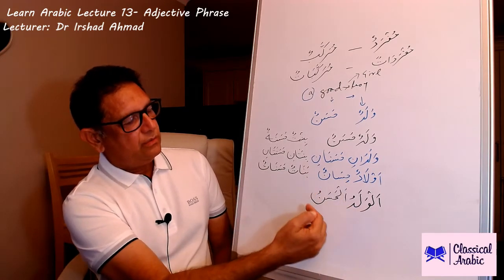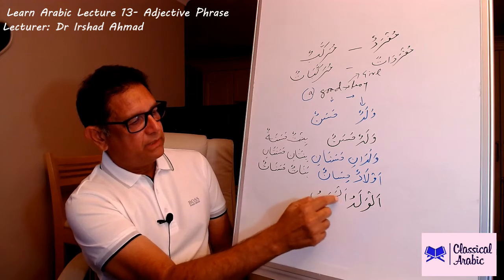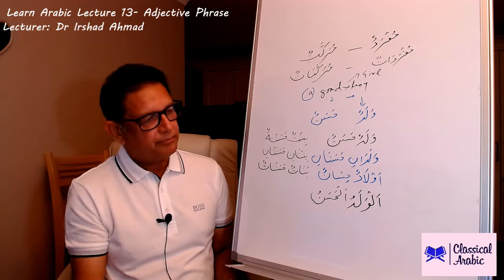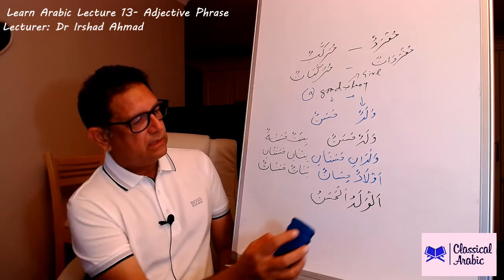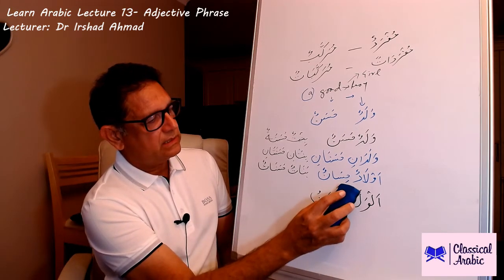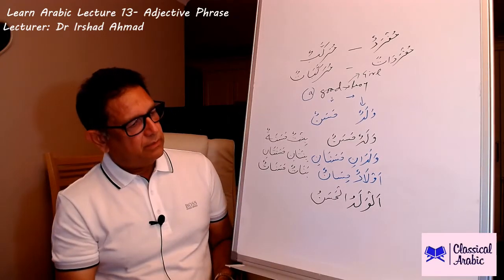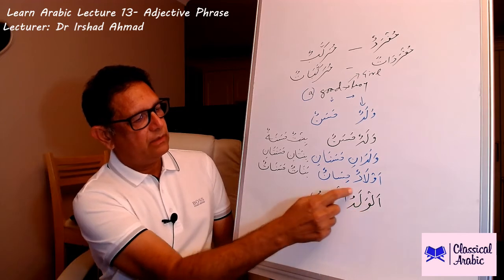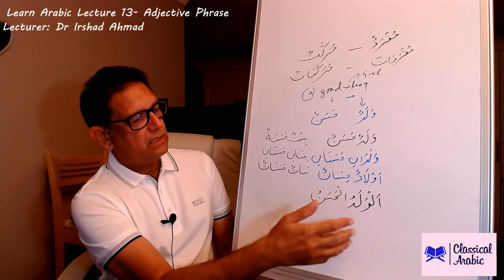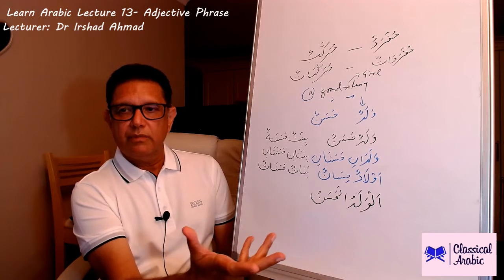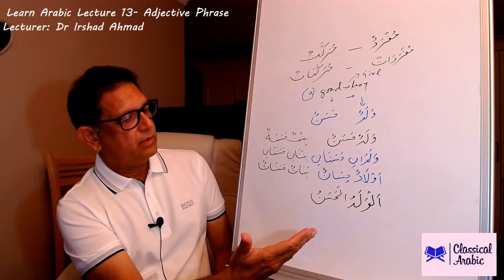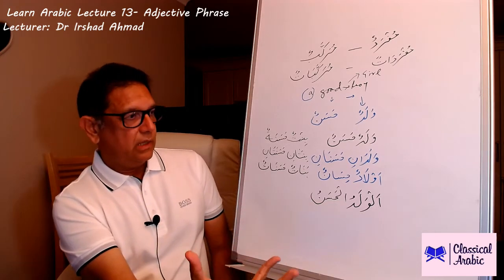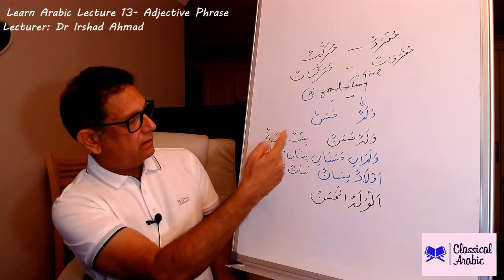We tend to combine these because this is hamzatul wasl, hamza of connection, connecting hamza. So what we do is combine these. Hamza remains there in writing, it's not pronounced, so it becomes al waladul hasanu. So hamza is there in writing but does not come in pronunciation. So al waladul hasanu, the good boy, and then we can add al everywhere here.